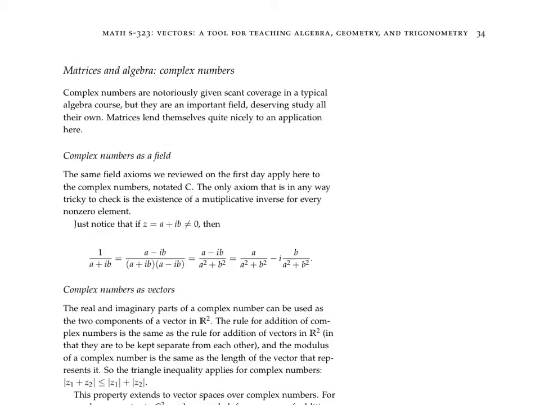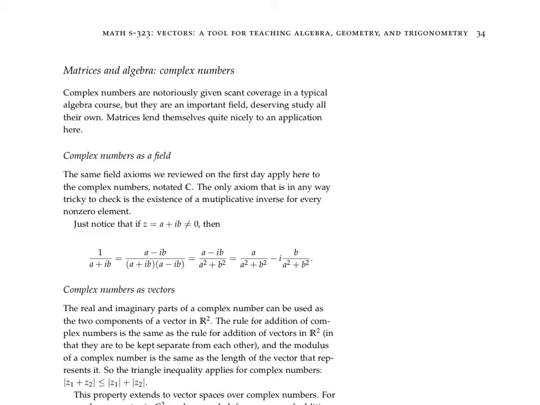The only axiom that's really difficult to check is the existence of a multiplicative inverse for a non-zero complex number. Perhaps as you may already know, if you have a non-zero complex number a plus ib, remember that with a complex number there's a real component, a, and then there's a real number that's a coefficient on i, which is the imaginary component. If you're looking for the multiplicative inverse, you need to take 1 divided by a plus ib.